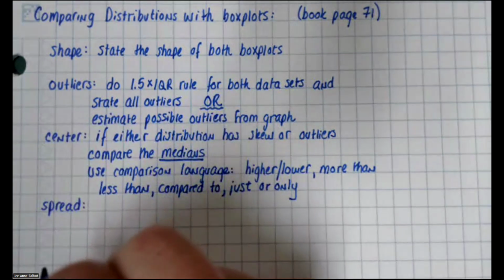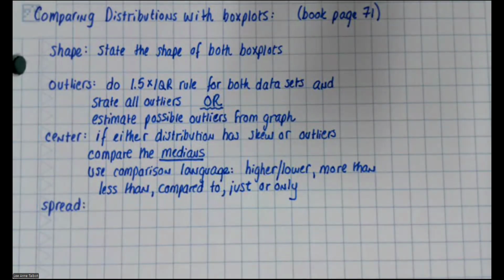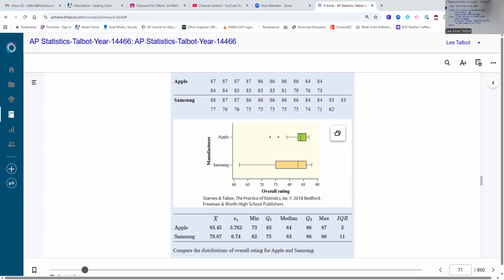For the spread, let me go back to my example. I would say something like the median of Apple is slightly higher than the median of Samsung at 84 versus 83. And I can get those numbers from the statistics down here, and I can get them from the middle of the box plots here.